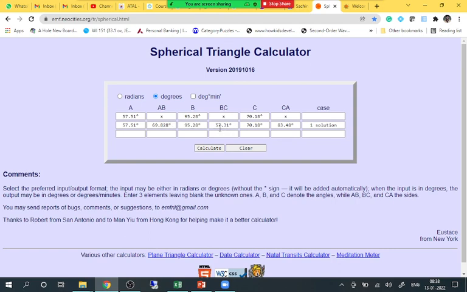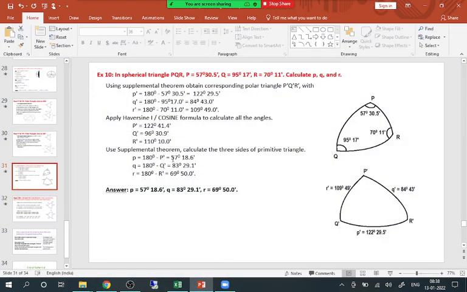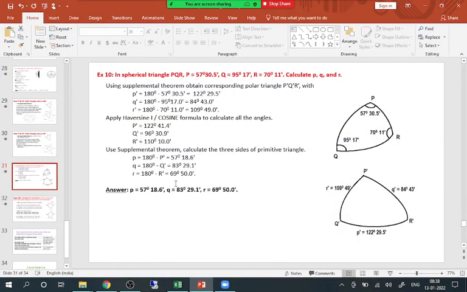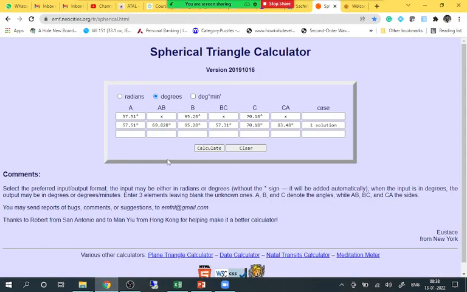Similarly you can get the other 57.31. This is the small p, and lastly you have 83.48, that is small q there. Is that clear how to get a solution? This is just for cross checking purposes. You can use this calculator to cross check your answers if you want. There is no need to cross check if you are confident.